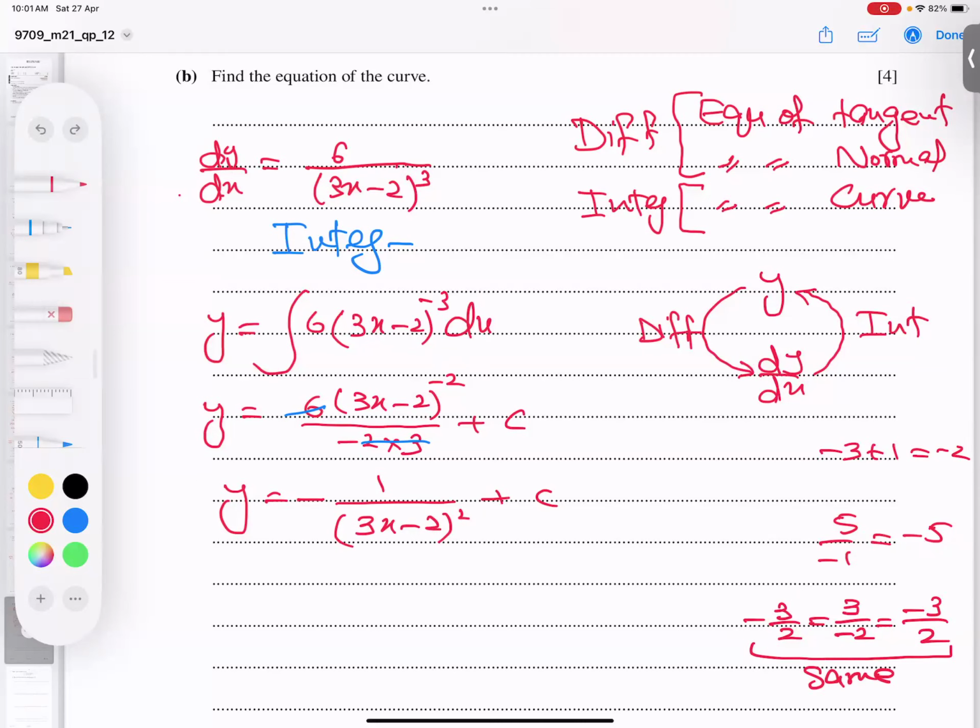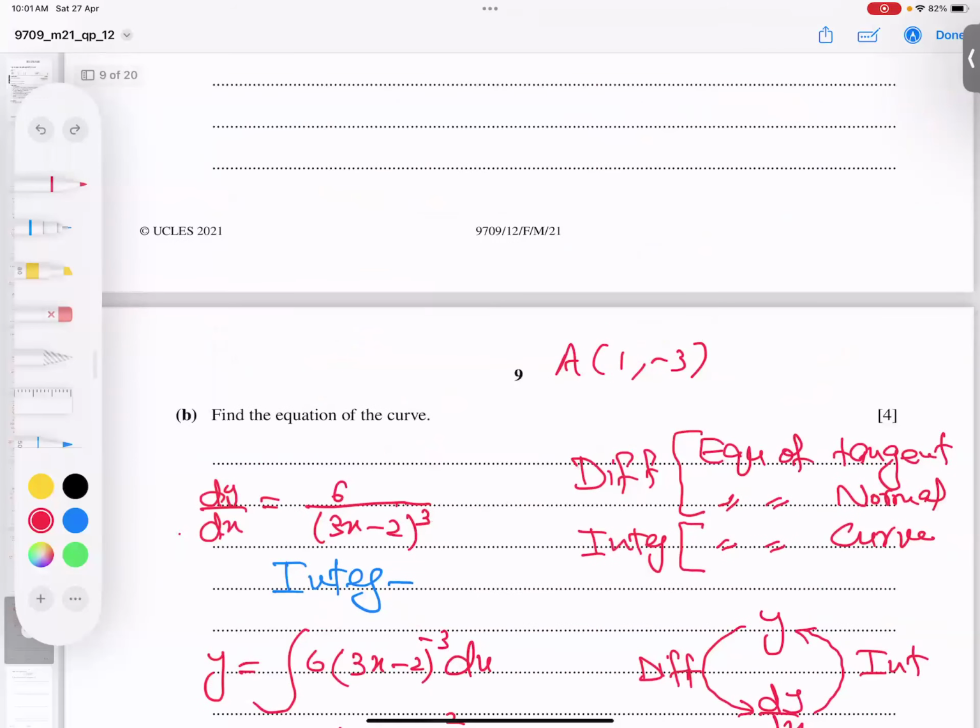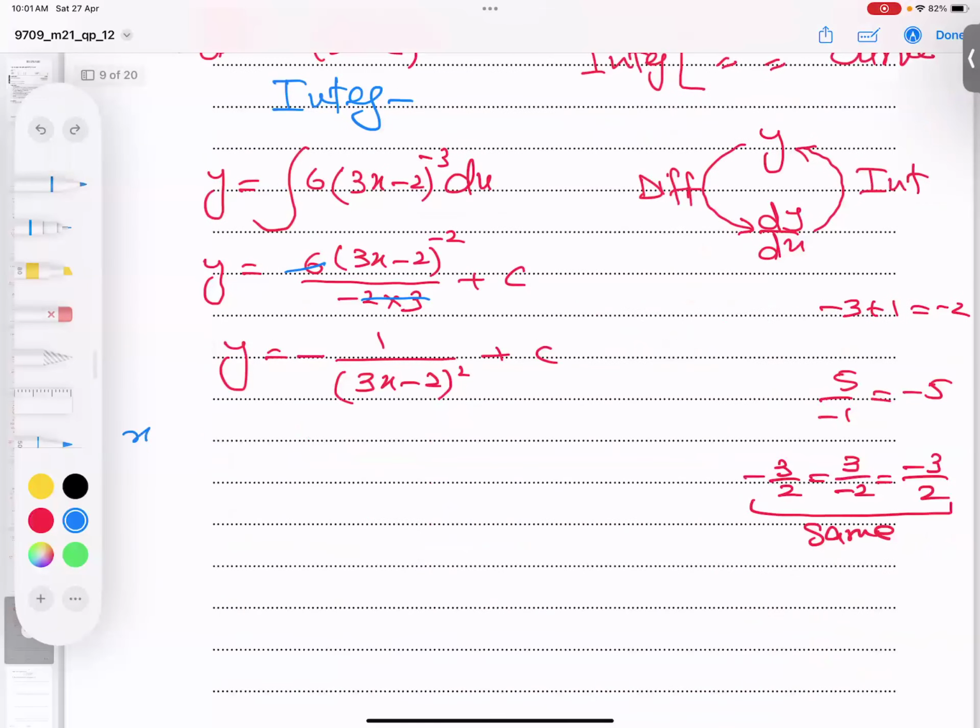Now I'm putting in the values. What are the values? x is 1, y is minus 3. Minus 3 equals minus 1 over, when I plug in 1 here, 3 ones are 3, minus 2, 1 whole square 1. So I got negative 1, and negative 3 equals this, the 1 goes there, and I get ultimately negative 2.